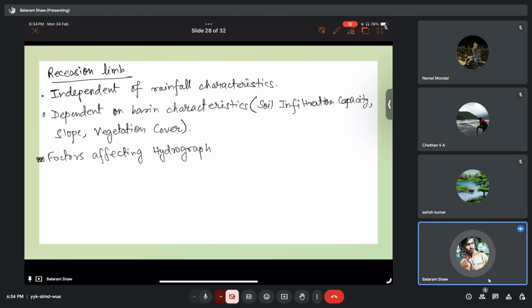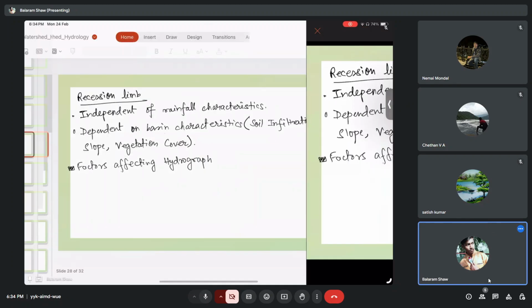So the factors that affect the runoff directly or indirectly affect the hydrograph also. So I'm not discussing which factors are affecting the hydrograph. You can just go to the lectures and find it. So we'll move on to the questions.